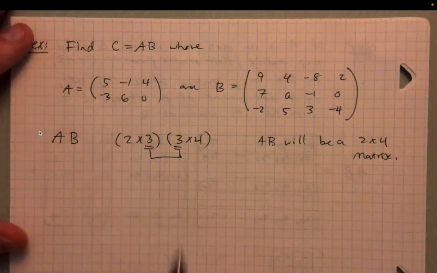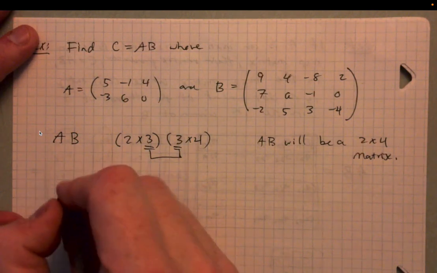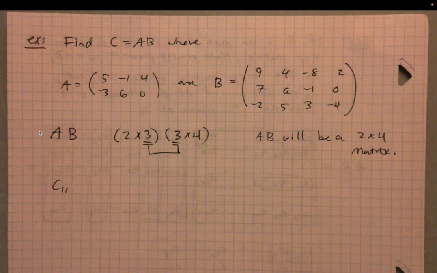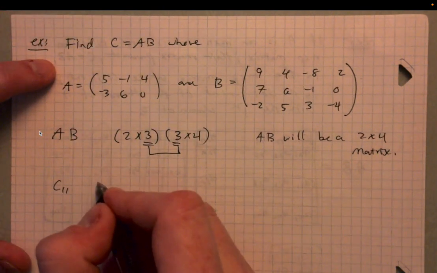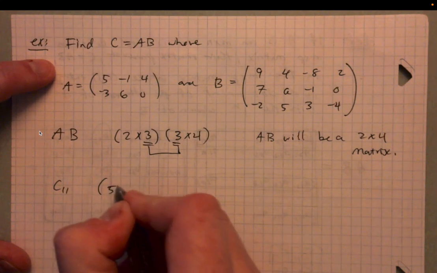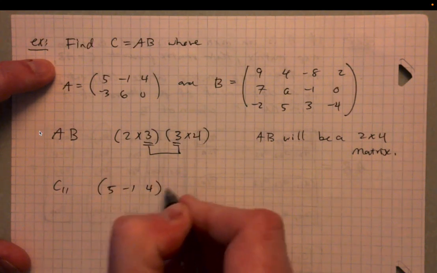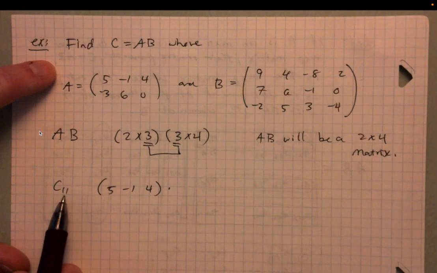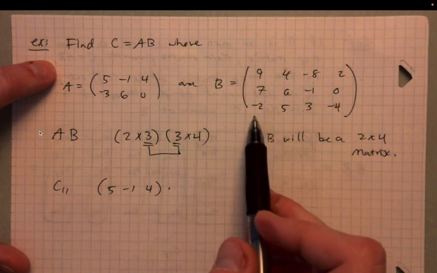So let's start with C11. Okay, let's talk about what C11 is going to be. So C11 is going to be the first row of A, right? So that is 5, -1, 4. We're going to dot that with the first column of B, so 9, 7, -2.